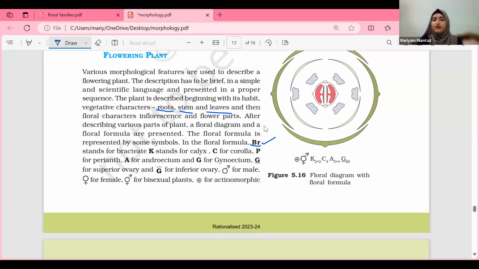So you start writing in your notebooks. Write down symbols for floral formula. Put the heading. Khudaija, are you there? Yes, ma'am. Put the heading as symbols for floral formula.